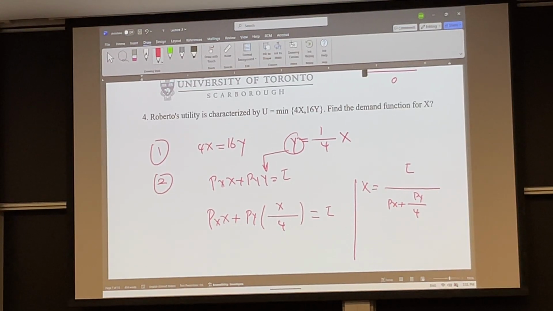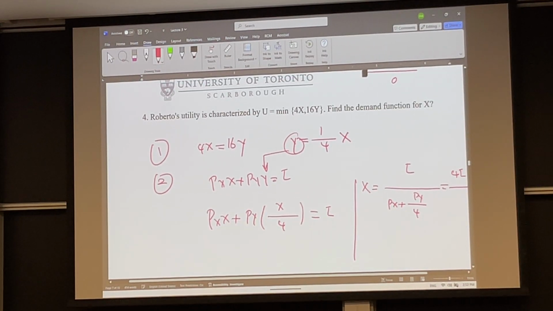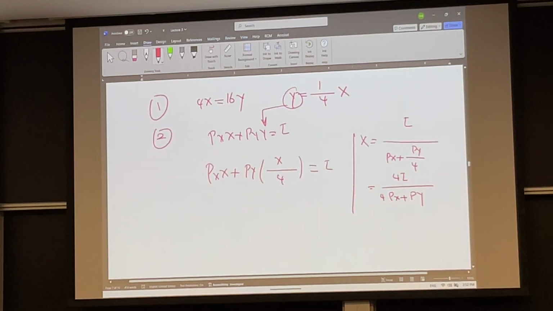I took the x out, divide. Or if you don't like it this way, you can write it as 4I over 4px plus py. Multiply the numerator and denominator by 4 and write it that way. Both are the same.